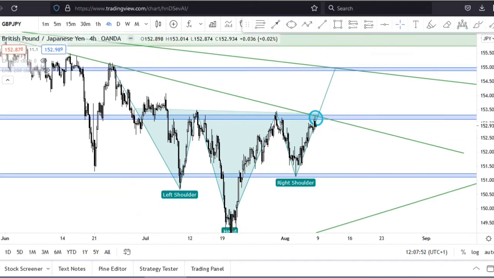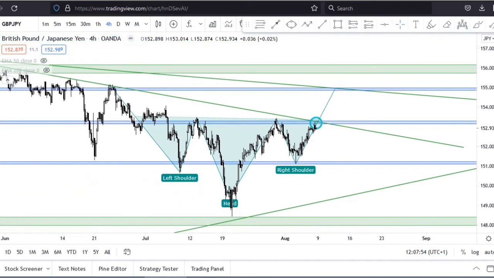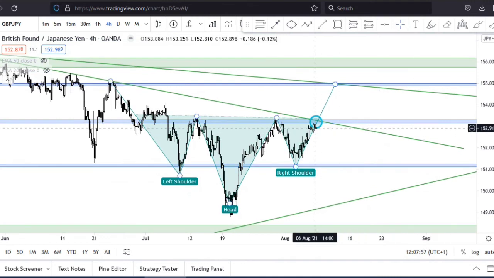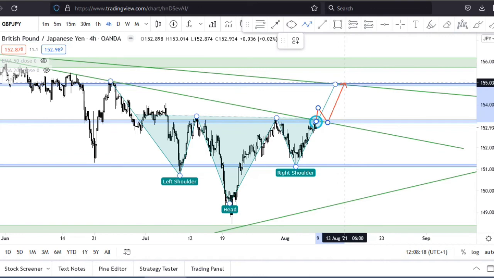Generally speaking, for GBP JPY, because yen is a bit weak at the moment, I'm expecting that price will continue to the upside. I'm expecting a break of this level to the upside, and once there's a break, I'll wait for a retest and take my buy opportunities around here to the upside.